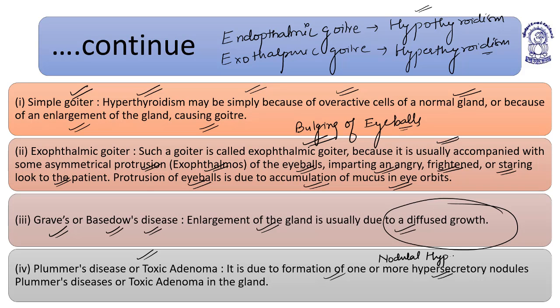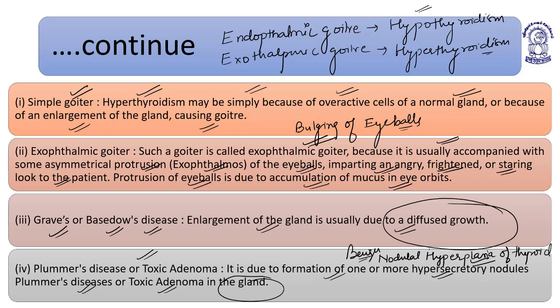Although it is a benign condition, it is not malignant, but may become malignant. Benign nodular hyperplasia. So Plummer's disease or toxic adenoma is due to the formation of one or more hypersecretory nodules, the enlargement of the gland in nodular hyperplasia of the thyroid.